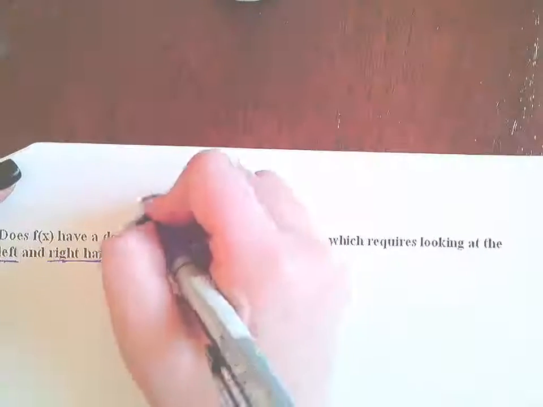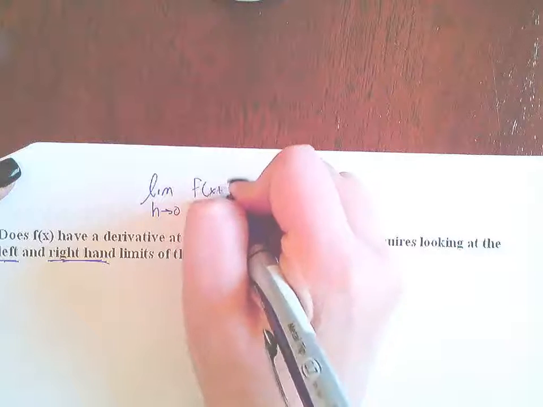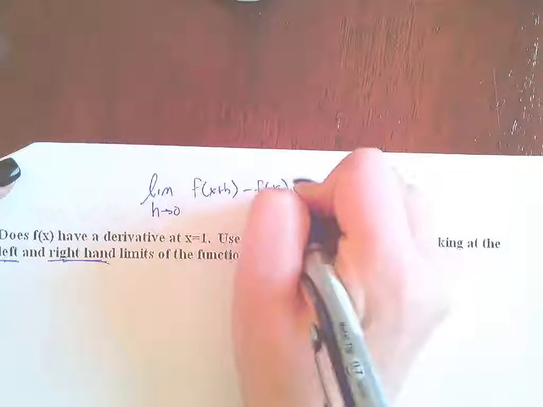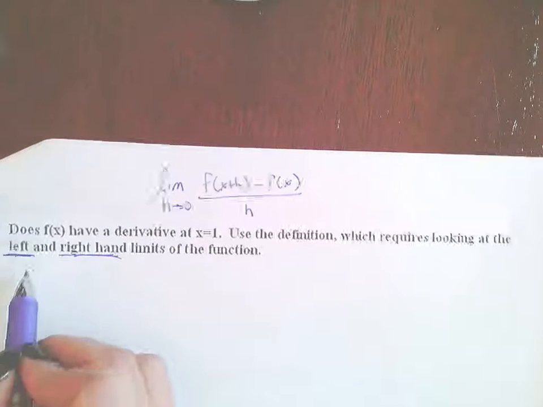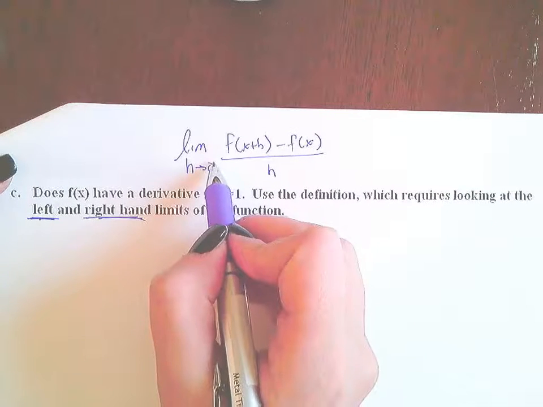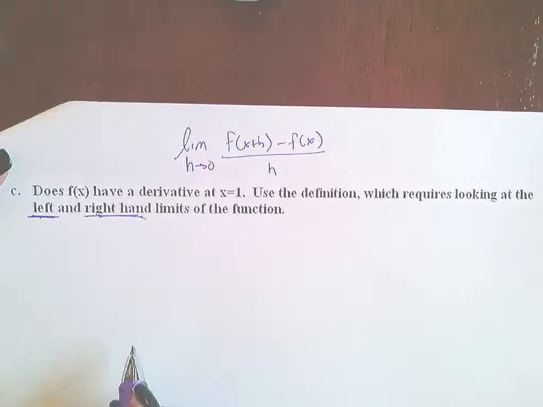The definition of derivatives is the limit as h approaches 0 of f of x plus h minus f of x, all of that over h. The only difference here is we're going to do it as h approaches 0 from the left, so I'm going to have a minus here, and as h approaches 0 from the right.